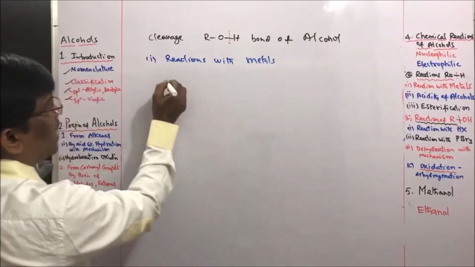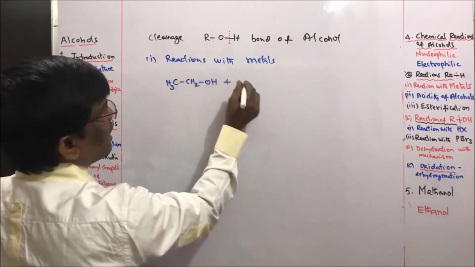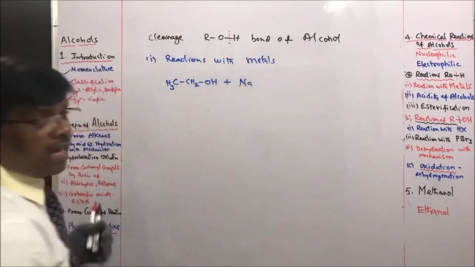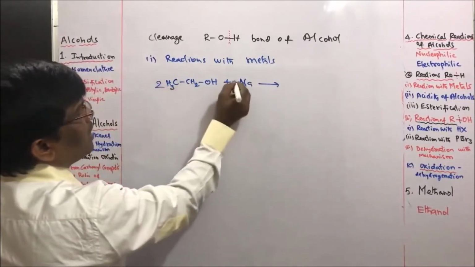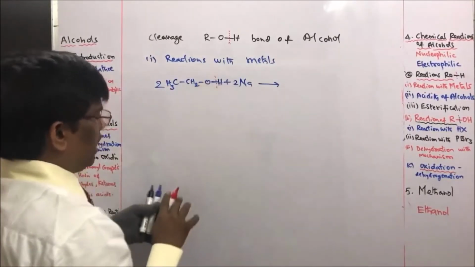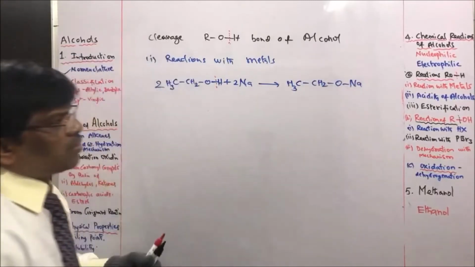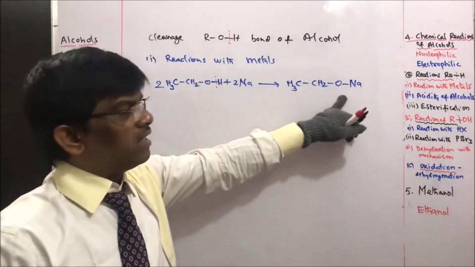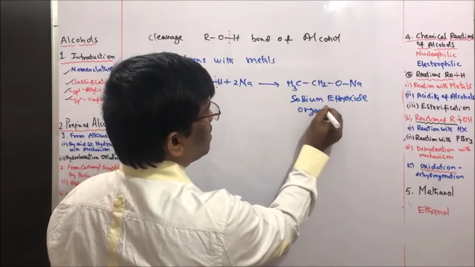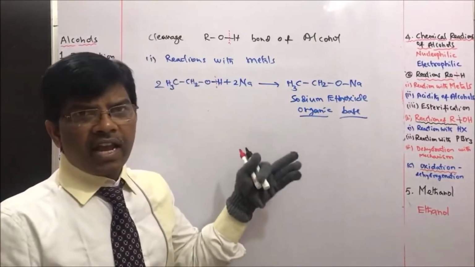Let us take for example ethanol, CH3CH2OH, and react with sodium metal. Let me take 2 moles here, 2 moles here. It is going to break to give CH3CH2ONa, sodium ethoxide. This is an organic base, usually used in a number of reactions.